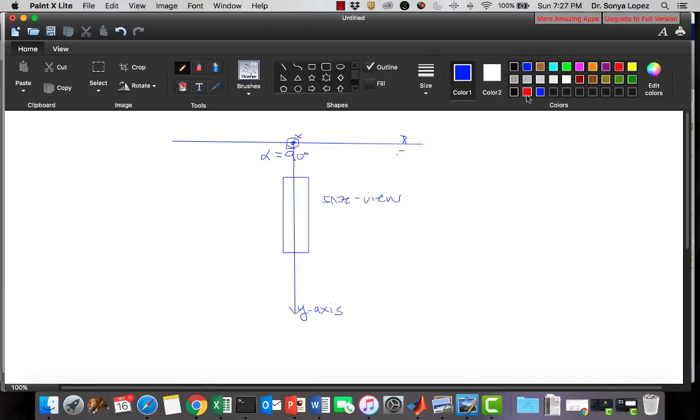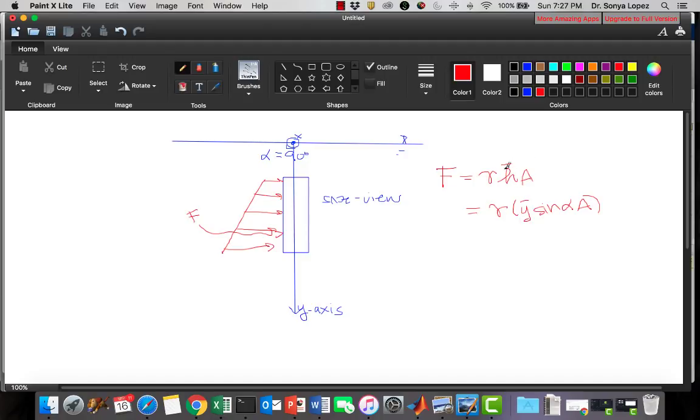Okay? So we still have our pressure distribution, right, increasing with depth, acting onto the object. We still have our force here. Our force is equal to gamma h bar a, which is equal to gamma y bar sine alpha a. This is my y-axis.